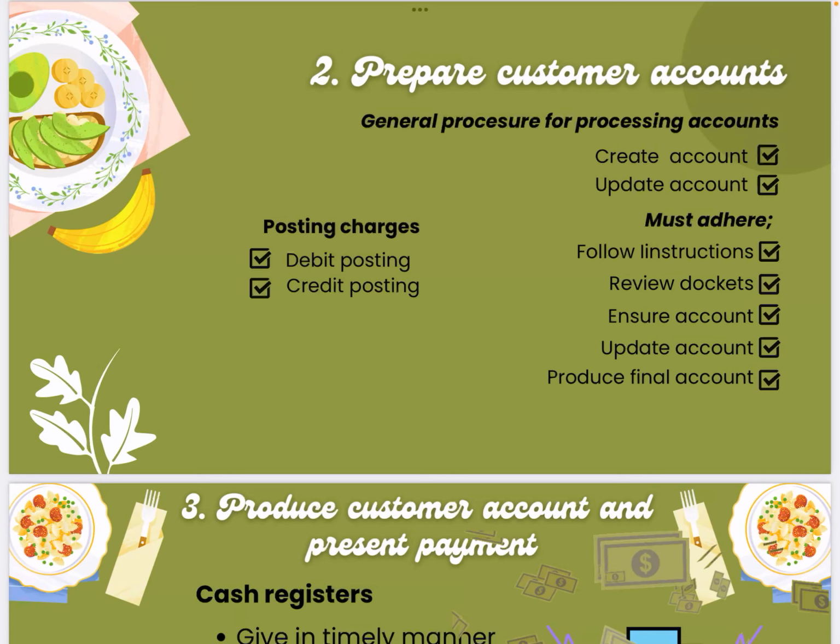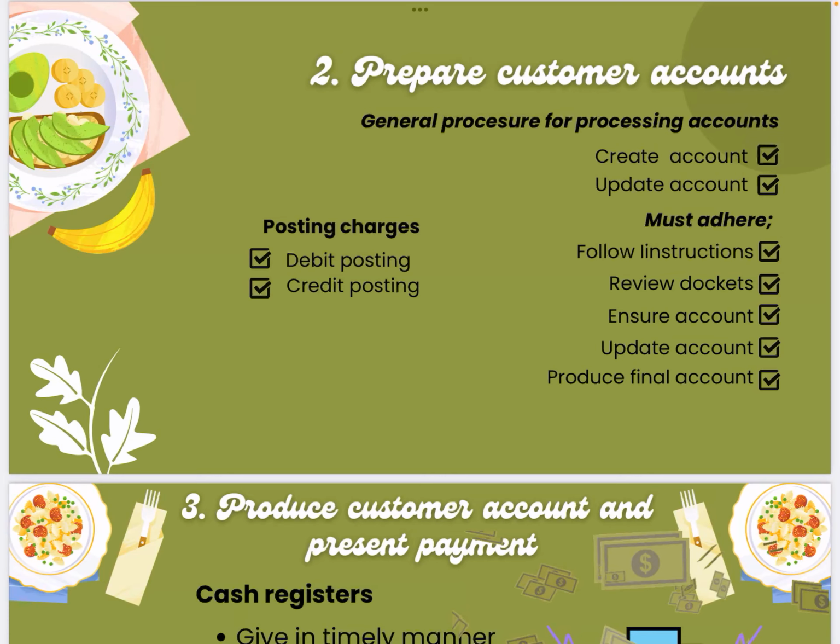Okay, and then at the end of the meal, the waiter must be able to give the bill and let the guest sign for it. If that is a credit card, they are going to sign for it. If that is cash, normally they just have to give the cash and they are good to go.